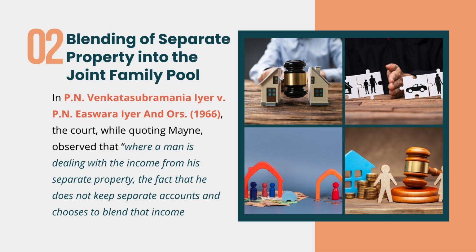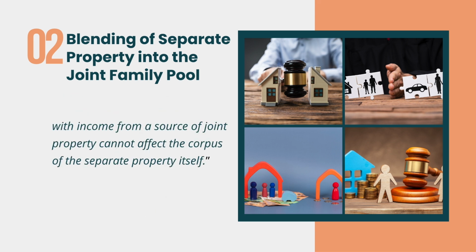Blending of separate property into the joint family pool. In P.N. Venkata Subramaniam Iyer versus P.N. Ishwara Iyer and others, 1966, the court, while quoting Maine, observed that where a man is dealing with the income from his separate property, the fact that he does not keep separate accounts and chooses to blend that income with income from a source of joint property cannot affect the corpus of the separate property itself.